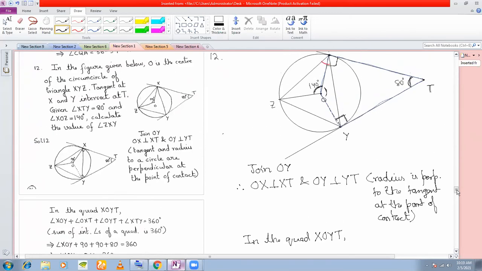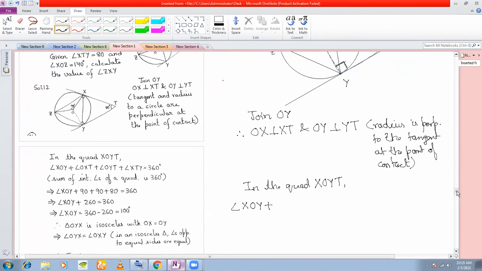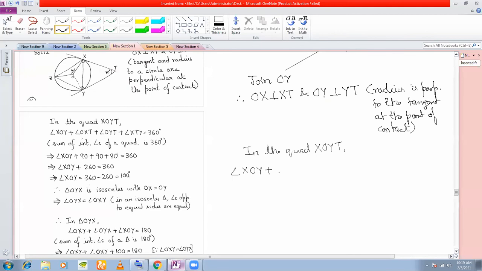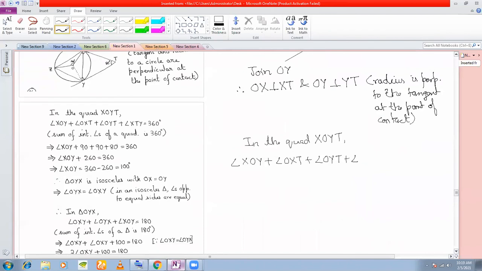In the quadrilateral XOYT, angle XOY plus angle OXT, which is the 90 degree angle, plus angle OYT, which is also a 90 degree angle, plus angle XTY must be equal to 360 because the sum of interior angles of any quadrilateral is 360 degrees.